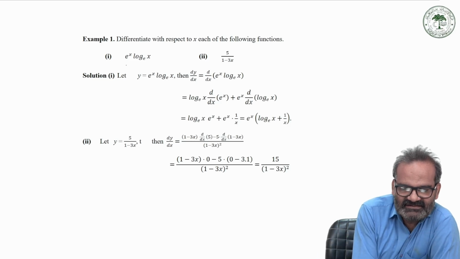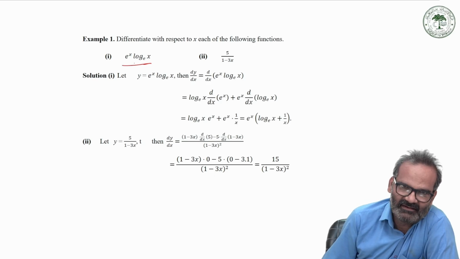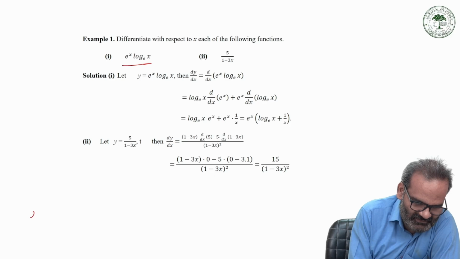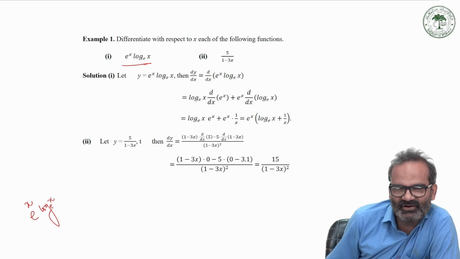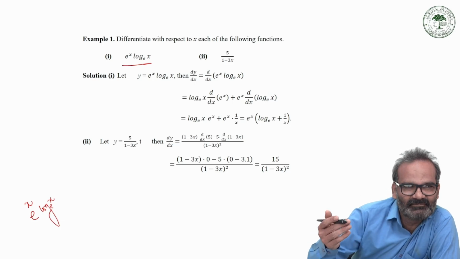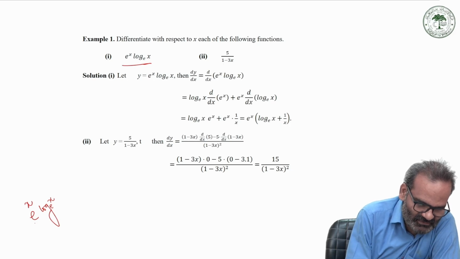Say the case is e raised to the power x into log x. See how we identify: we should use the product rule in this case. The function is e^x and log x base e. e^x is an exponential function, since x is in the power of e, and log x is a logarithmic function.